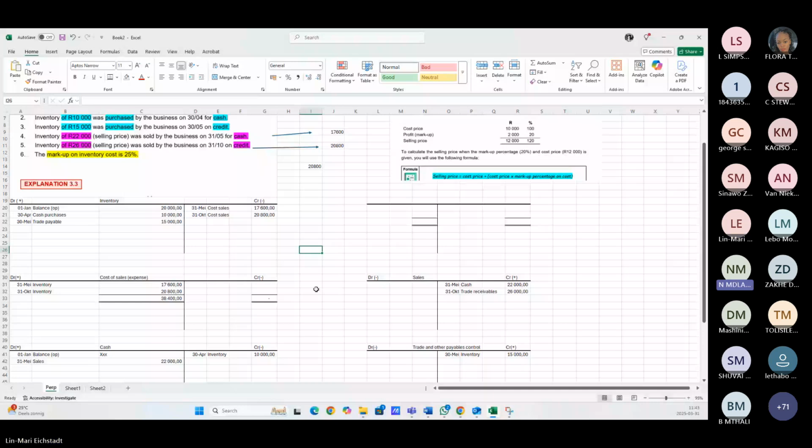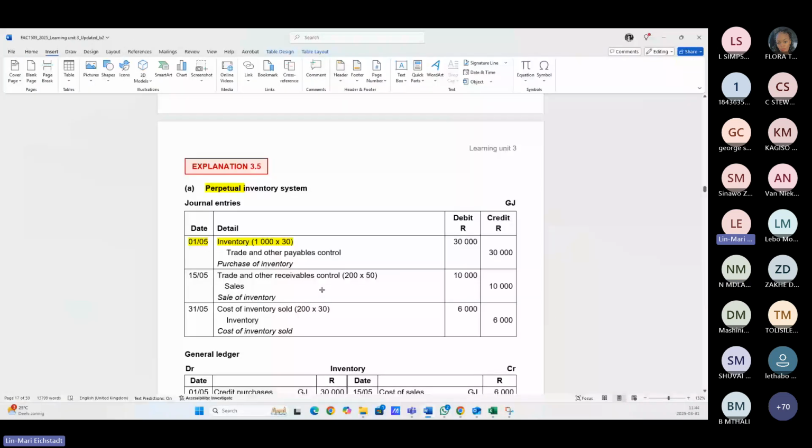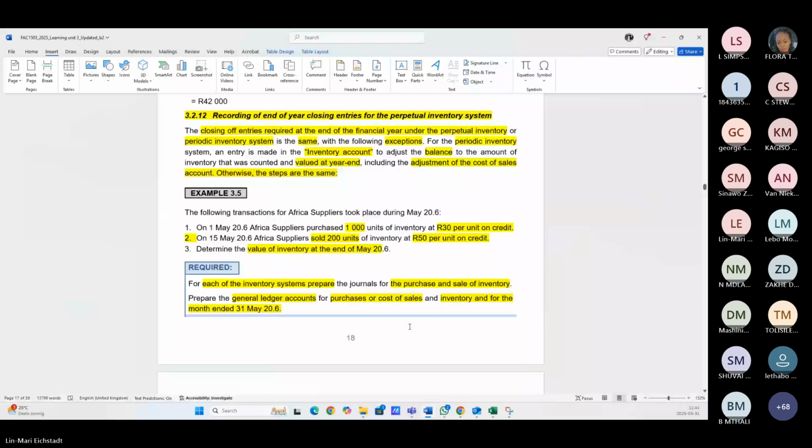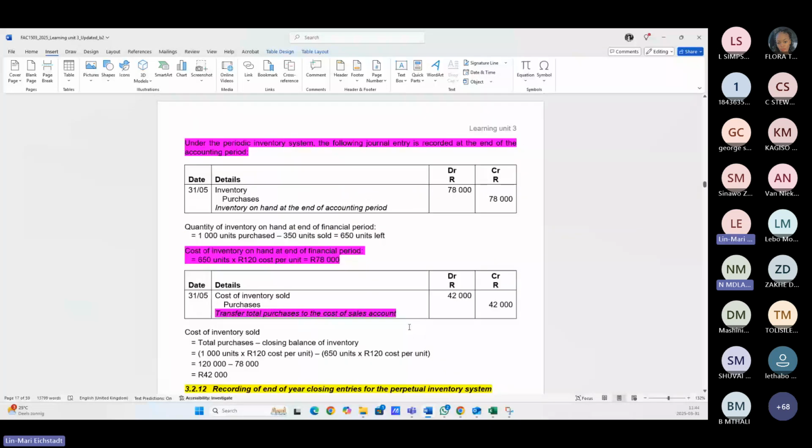Okay. And then my other question is regarding example 3.4, specifically page 18 on our study guide. 3.4, page 18. This one? Yes. Yeah, go ahead. Okay, I can't see it, but I presume I'll see it up because my network is slow. Okay, yes, now I can see it.